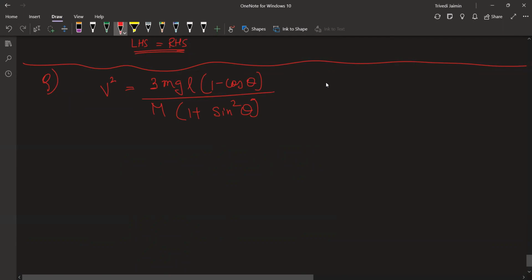This is the formula they obtained from the solution of a problem.